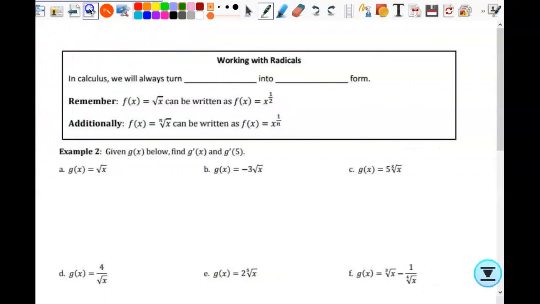Now we've got radicals, okay? All right, so in calculus, we will always turn radicals, meaning the square root signs, into power form. So as a little reminder, the square root of x is the same thing as x to the 1/2 power.